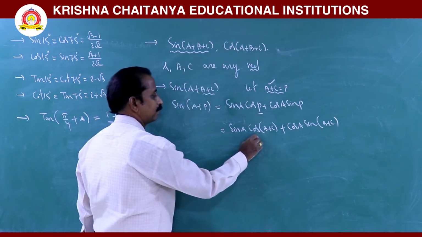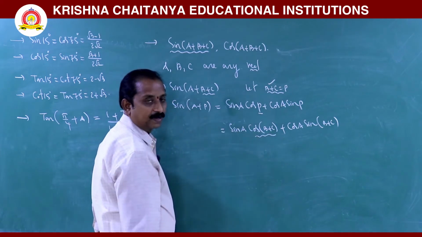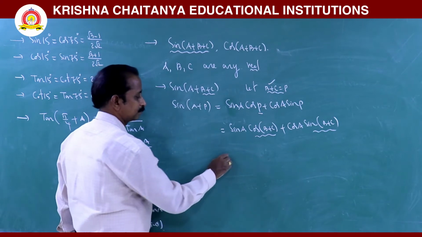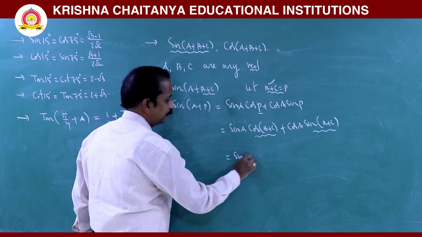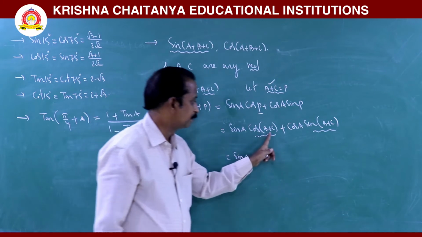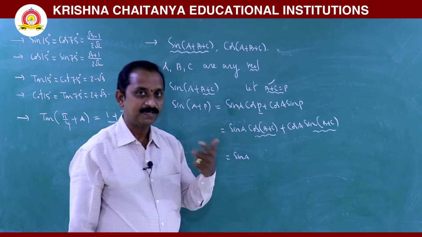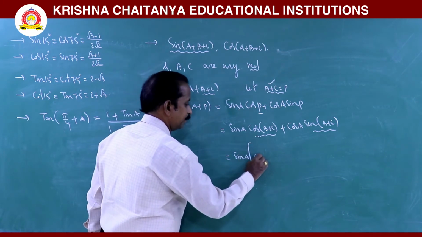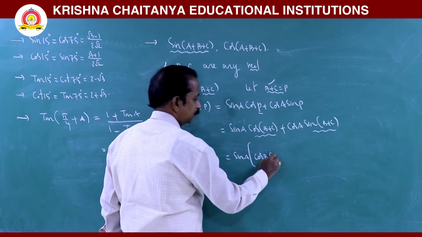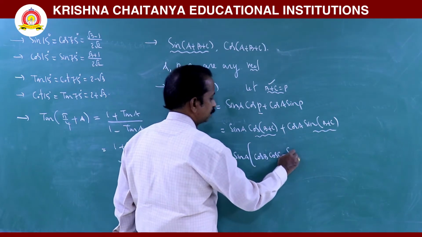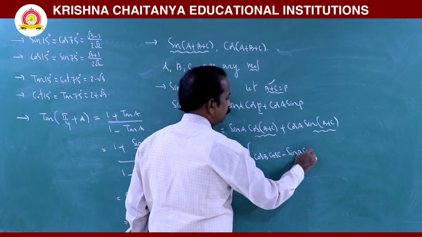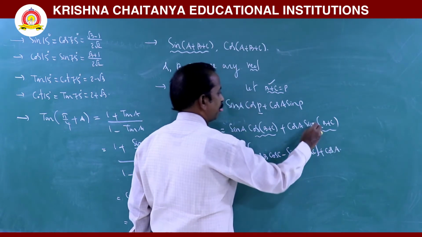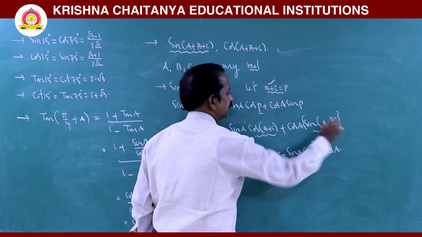Again, this is in the form of the cos (A plus B) formula, and here also the sin (A plus B) formula. So sin A into, what is cos (A plus B)? cos A cos B minus sin A sin B. So cos B into cos C minus sin B into sin C, plus cos A into sin of (B plus C).